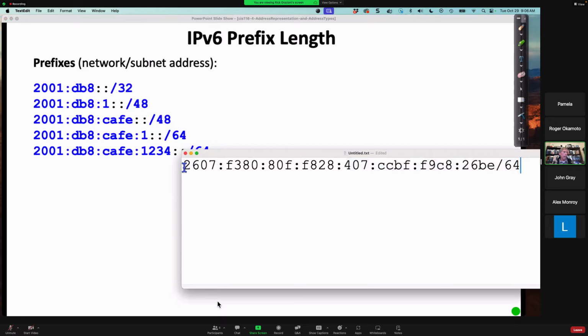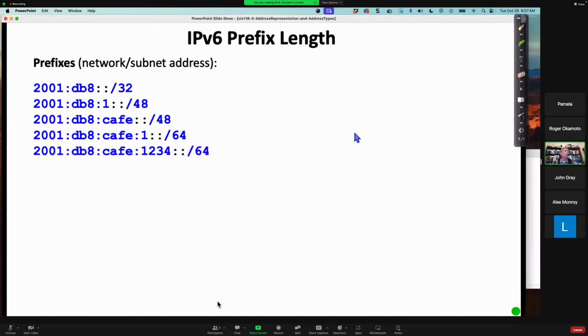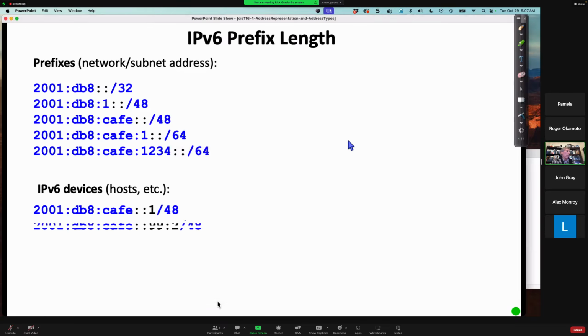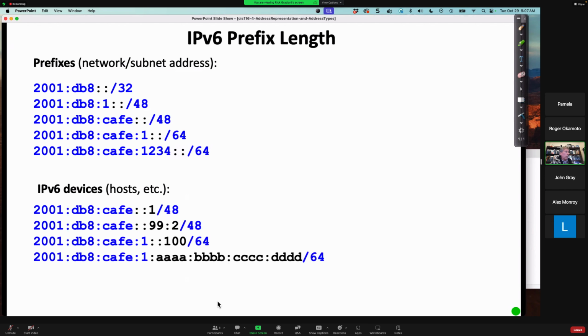Our ISP will see us as a /48, but internally it will be a /64. Again, more on Thursday, but typically our hosts very seldom are going to be anything but /64s.